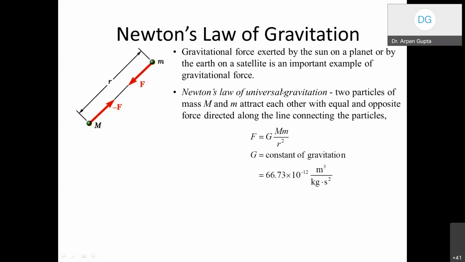It is a universal law, meaning valid for any two particles, just that it is not so clearly visible until one of the masses is very, very large. Any two masses attract each other with an equal and opposite force directed along the line joining the two particles, and the expression is given by G capital M small m by r square. The constant G is this expression.